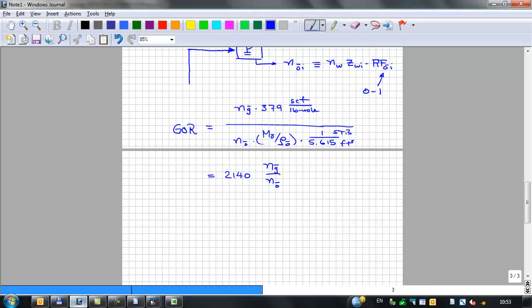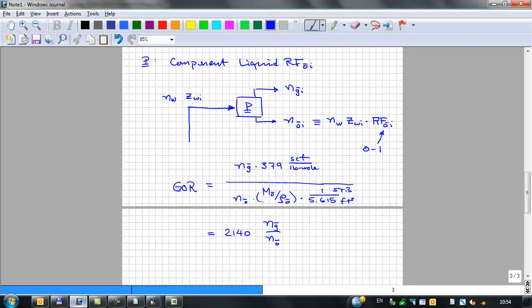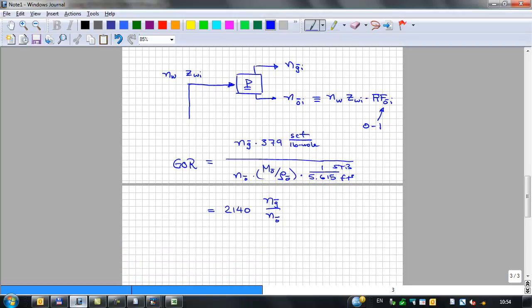Okay. So now we're going to conduct, in the PVT simulator, a gas condensate constant volume depletion experiment.